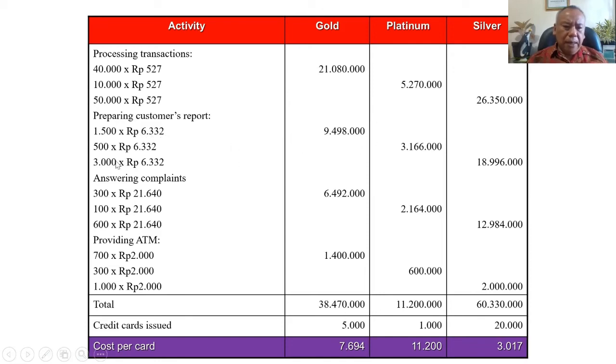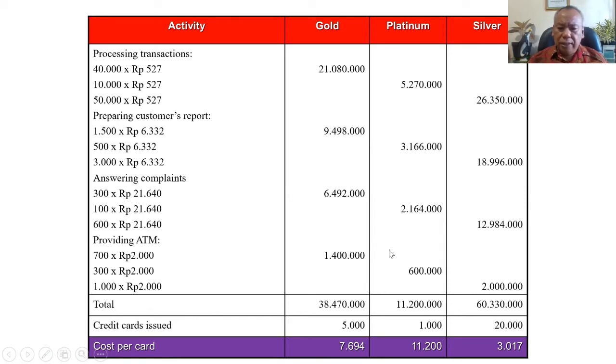And then for platinum, we have 500 reports. And then for silver, we have 3,000 reports times the preparing customer report rate. And then answering complaints, we have 300 complaints for gold, 100 for platinum, and 600 for silver. And then we multiply by the answering complaint rate, 20,640.